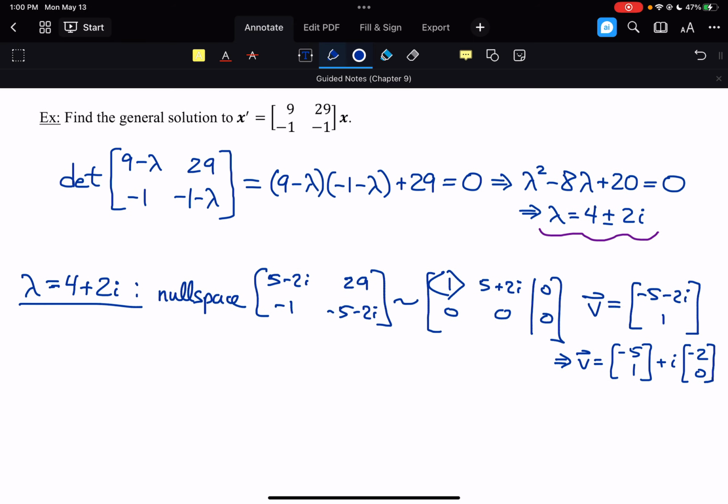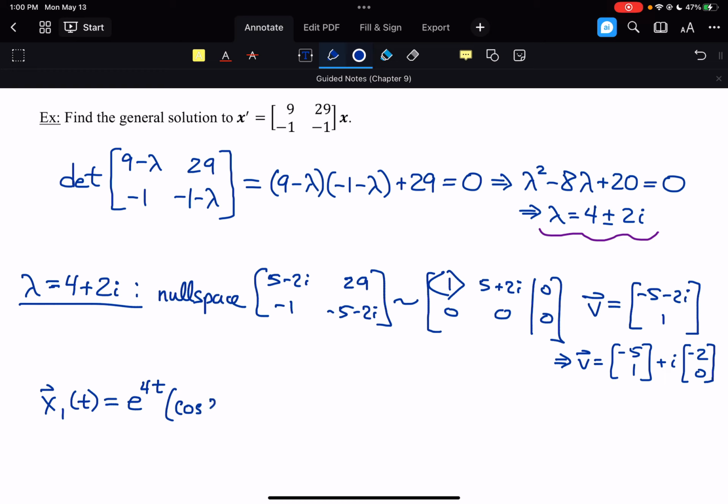So our x1 of t is going to be e to the 4t, that's e to the at, cosine of bt, so b in this case is 2.